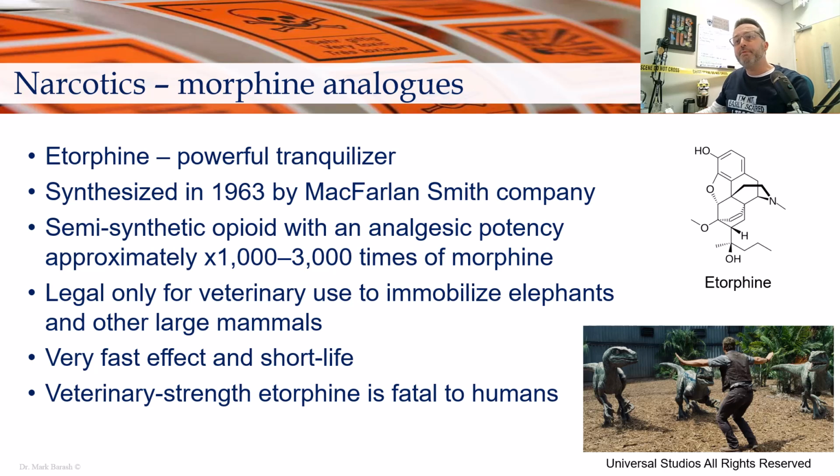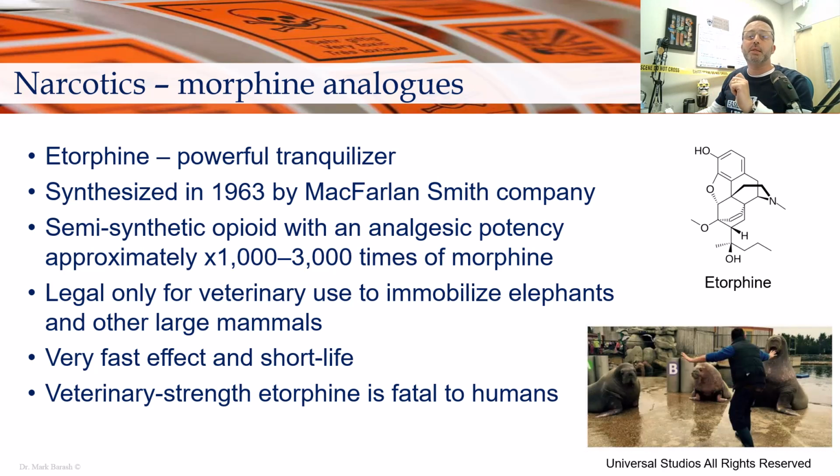This chemical has a very fast effect on the body, but also has a very short life, which makes it very useful for this job. This particular drug is not really abused due to it being fatal to humans, even in low doses.